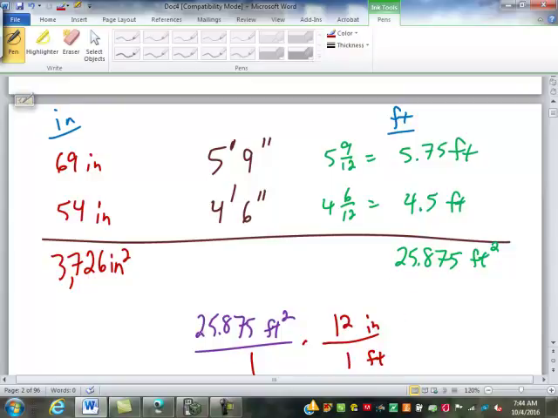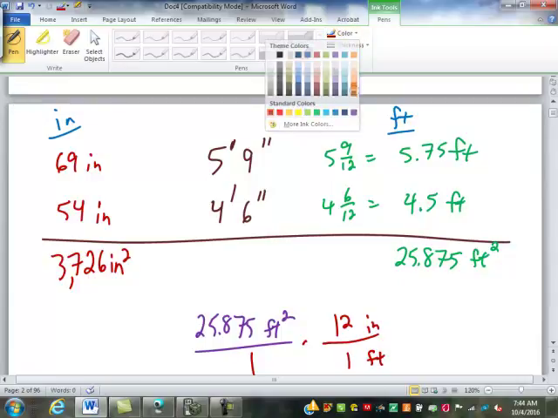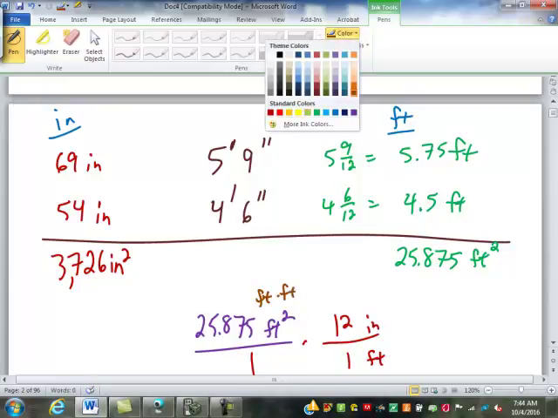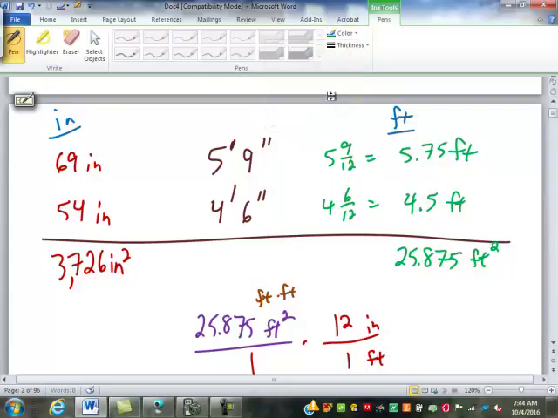Well, first of all, if I did 25 times 12, I get 300 something. Well, see, there's what I was getting at. This is feet squared, not feet. Feet squared means feet times feet, right? So technically, doing my cross canceling, this feet only cancels out one of those feet.